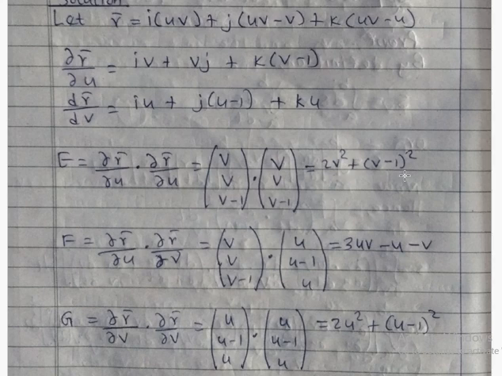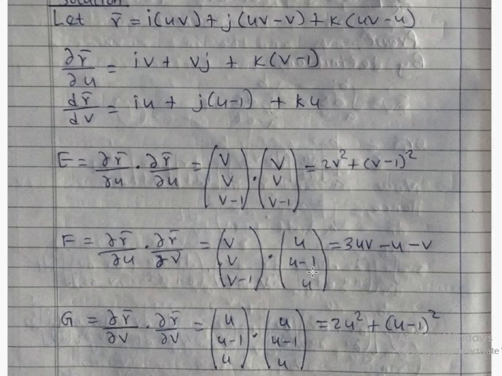Then next we'll find F, which is partial r partial u dot partial r partial v. Partial r partial u in column form is written as v, v, v minus 1, then dot partial r partial v, which is u, u minus 1, u.